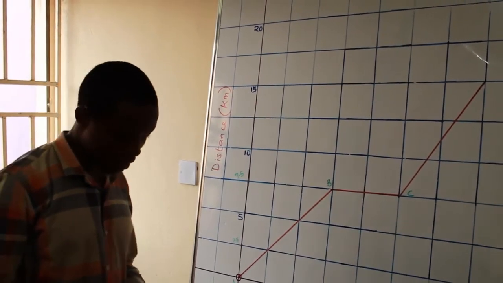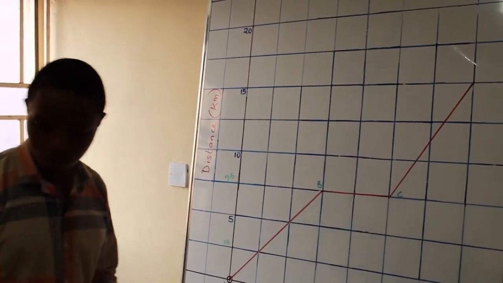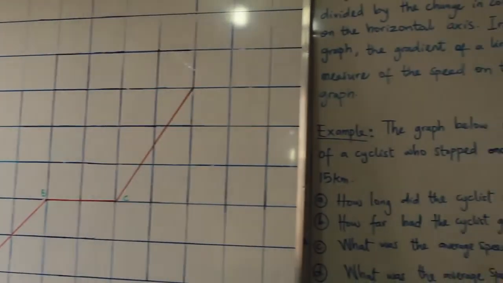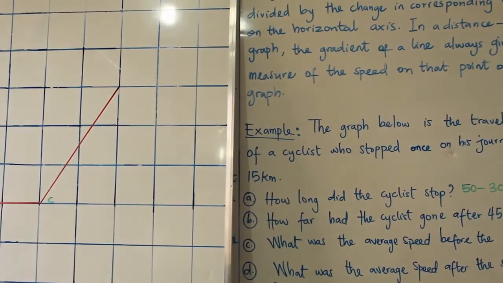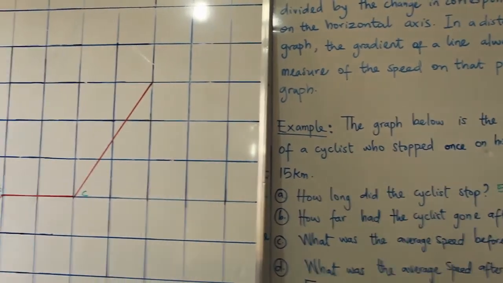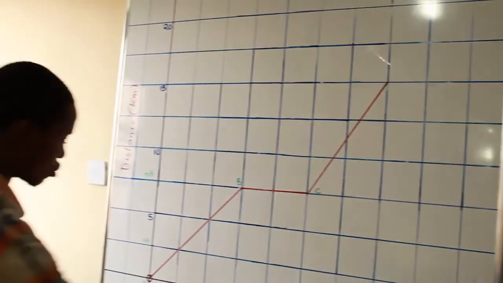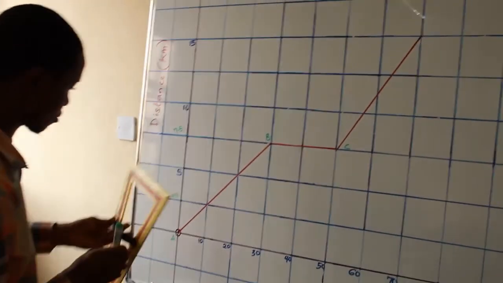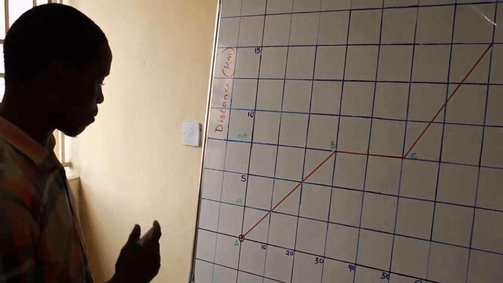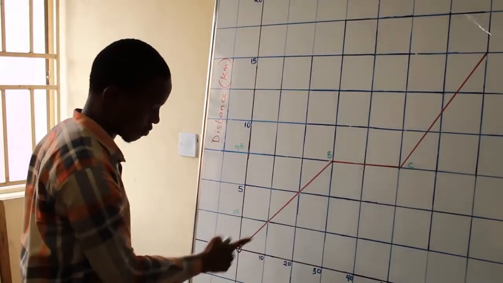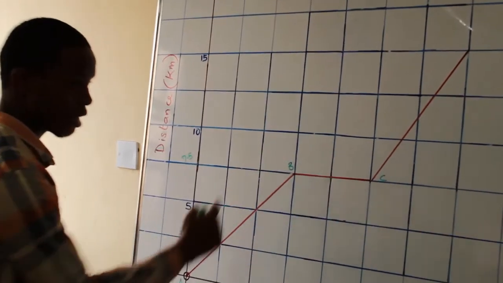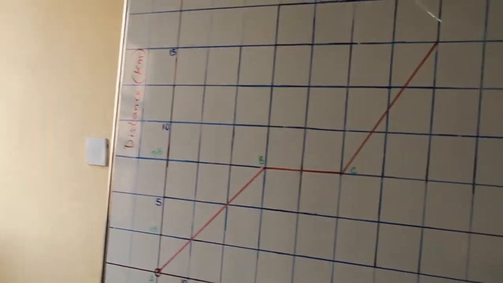Now, to do that easily, I want to draw a right-angled triangle so that we can see our change in values. So, before the stop is when he started to point B. From point A to point B is before the stop.